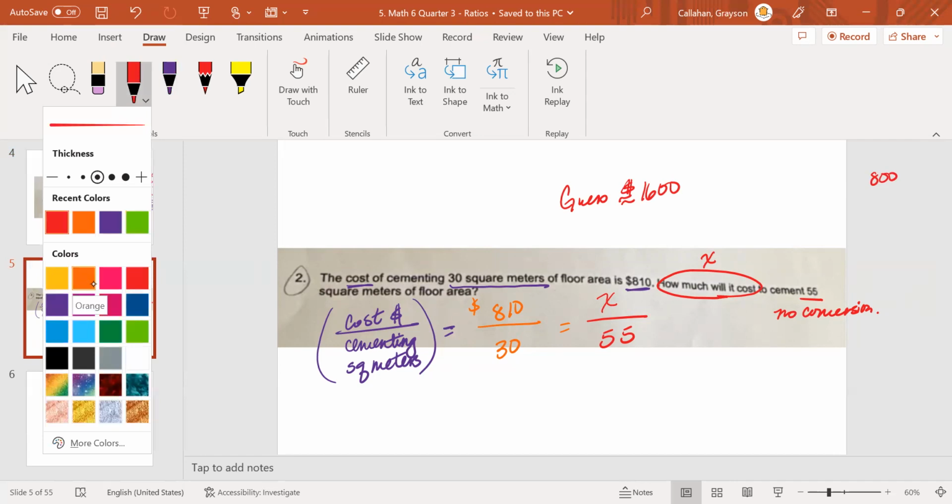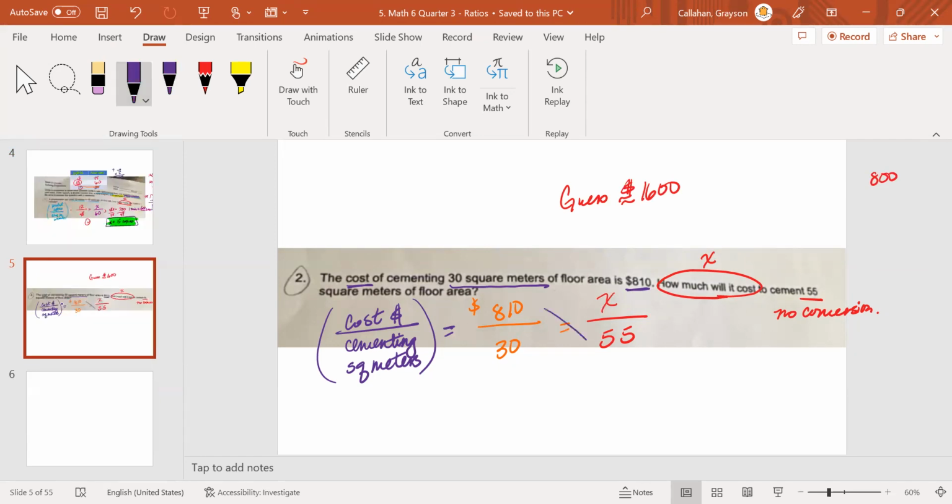So when I go ahead and multiply this, I'm going to get 30x equals, you have to do 810 times 55 on the side. So make sure you do that.